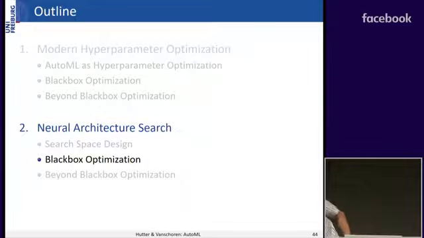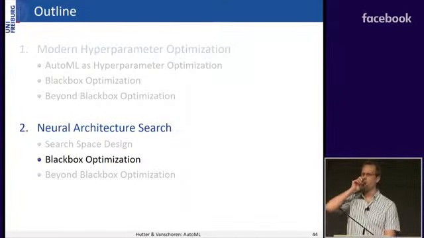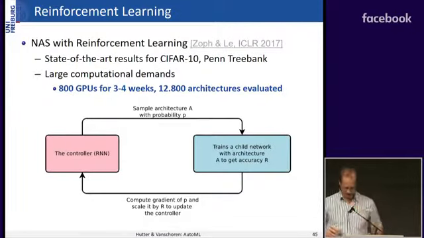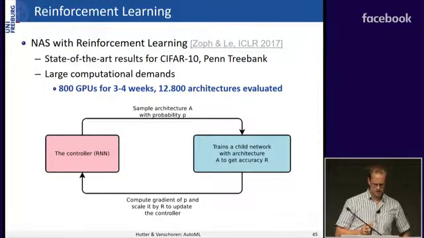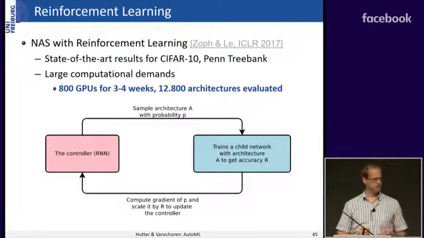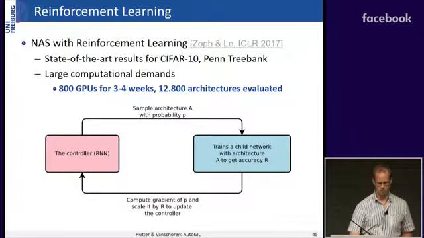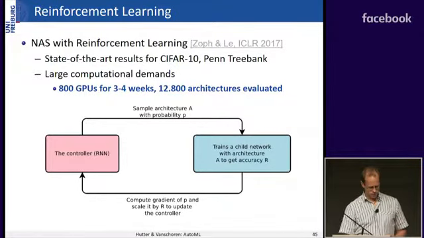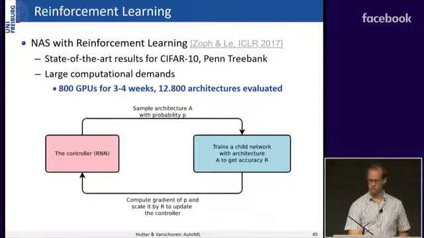Let's next talk about some black box optimization methods for neural architecture search. The method that really popularized neural architecture search in the community was neural architecture search with reinforcement learning by Zoph and Quoc Le. What they used is a recurrent neural network controller to sample the architecture, individual blocks at a time.